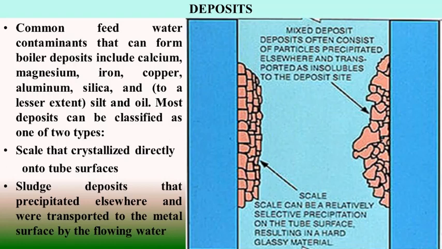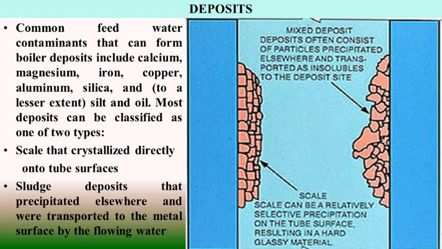Iron deposits are sometimes found, resulting either from corrosion or contamination of water, and they are dark colored and found within the subsurface.